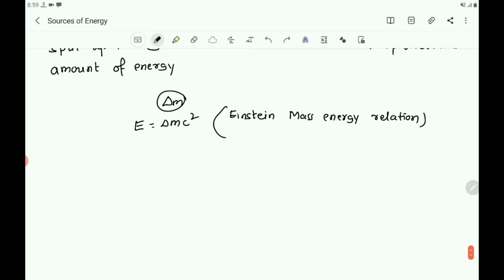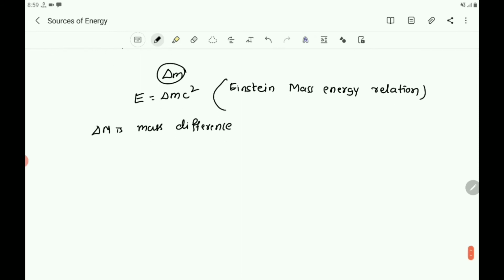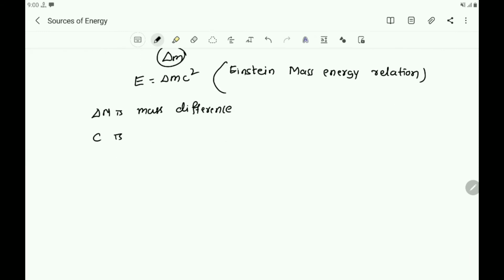So you take delta M as the mass difference, and c as the speed of light in vacuum.